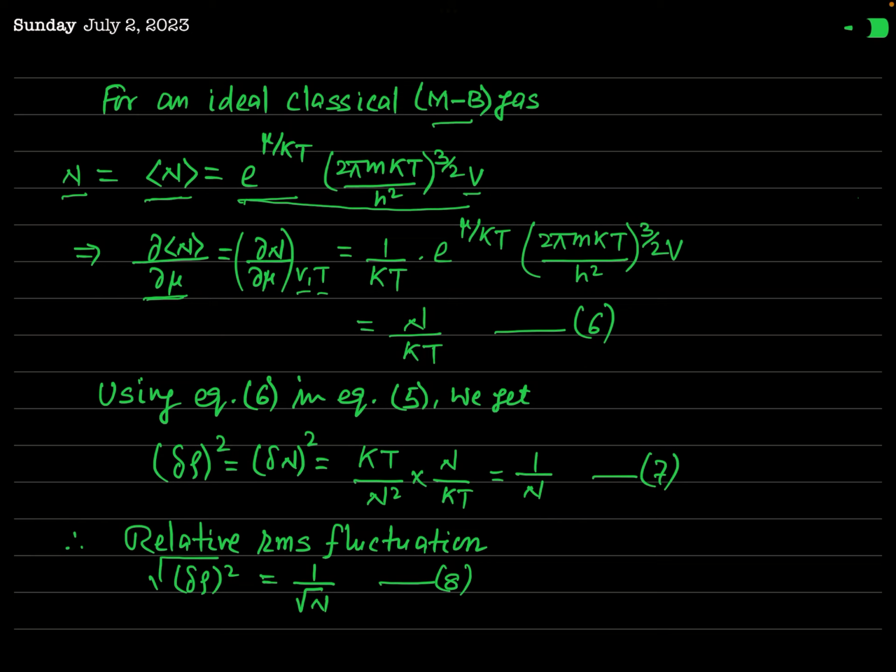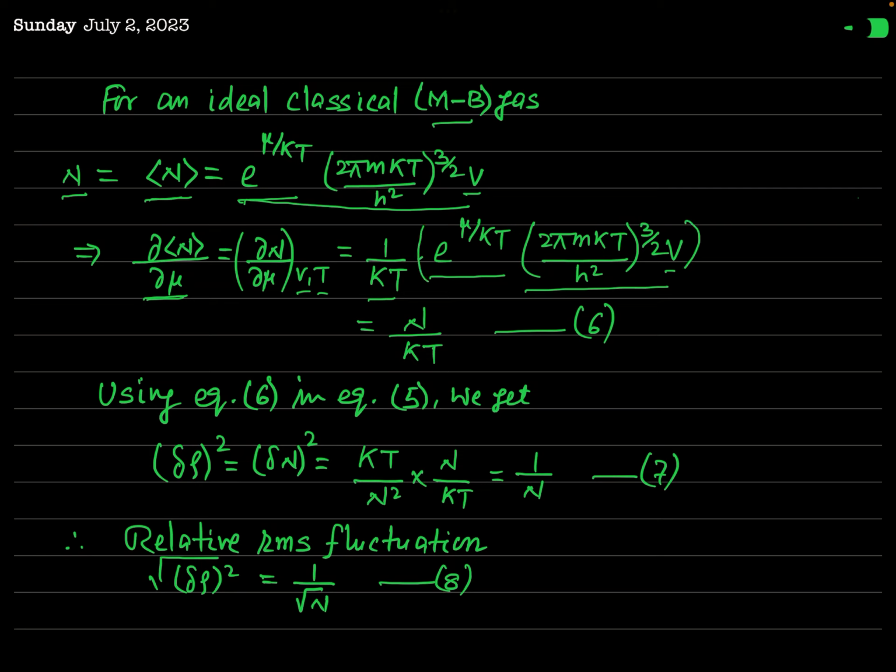So the derivative will be 1 over kt times e to the power mu by kt times this much: 2 pi m kt over h square whole to the power 3 by 2 times v. But let us see this factor which I am writing inside this bracket.